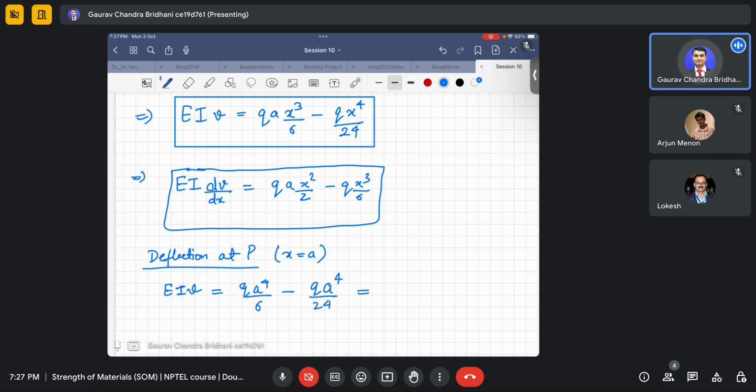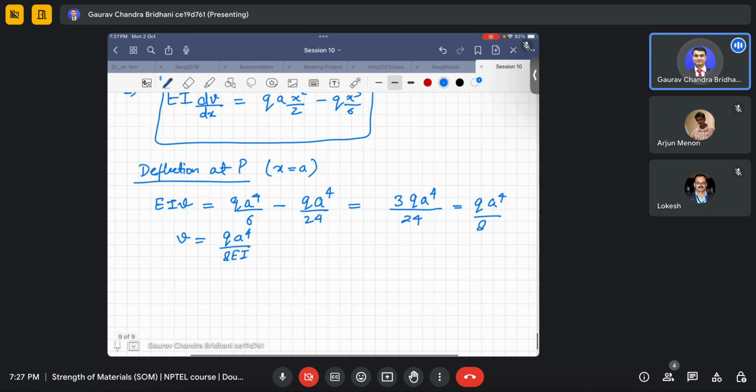So we find this as 3QA power 4 by 24, that is QA power 4 by 8. Correct? So V becomes Qa power 4 by 8EI. So this becomes the deflection.